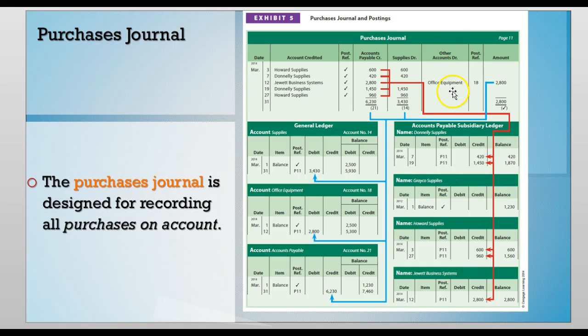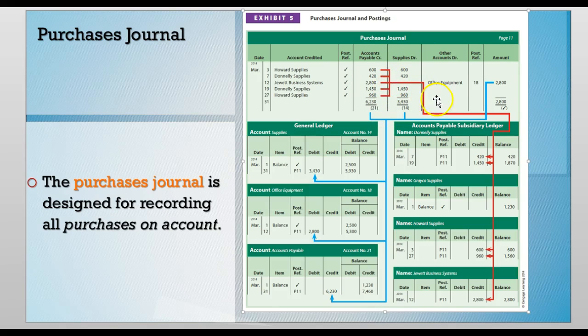We've also got, it looks like we made another purchase for office equipment. These were all for supplies. So this is what we owe. This is what we've bought, the account that we're debiting, and this is our equipment account. Again, can you see how this simplifies things considerably?